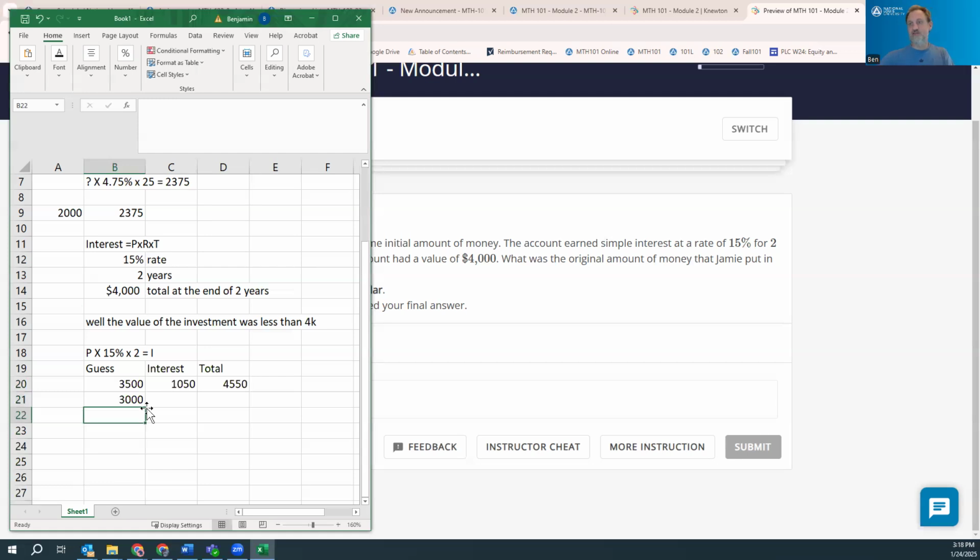I'll do 3,000. And I can do autofill now because I've already done this as a cell reference. And so this is pretty close, 3,100. And let's see. Okay, too much. And 3,080. Oh, really close.